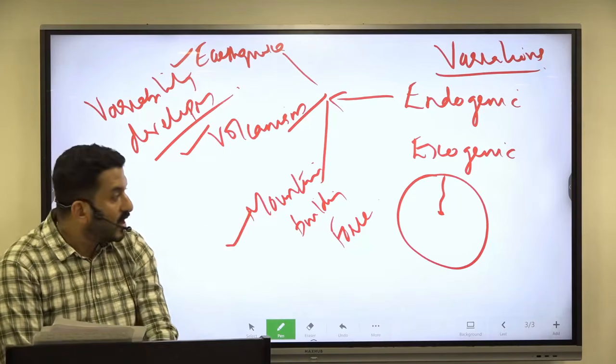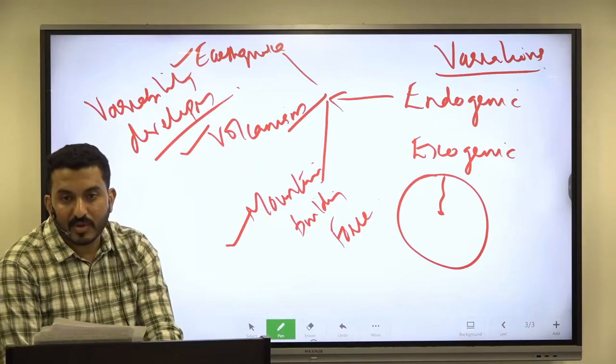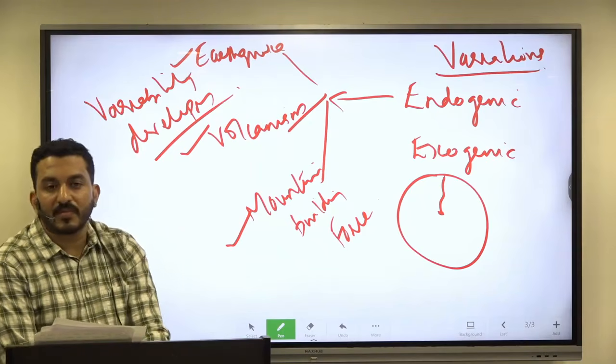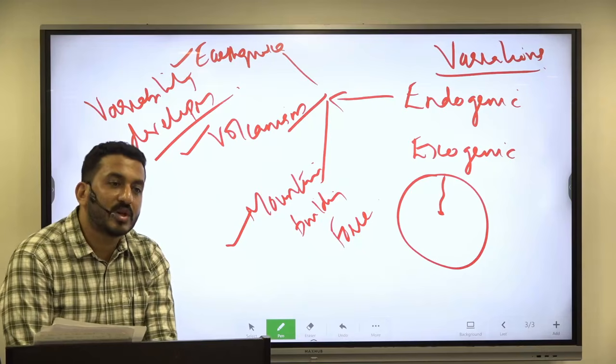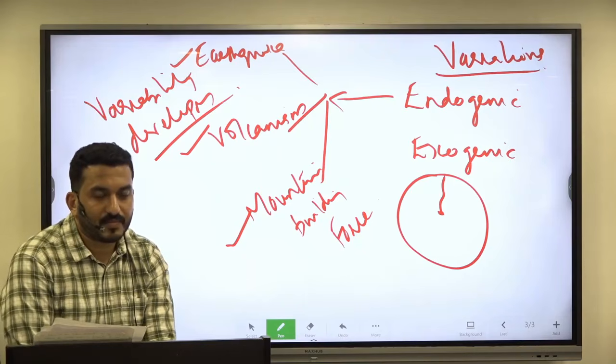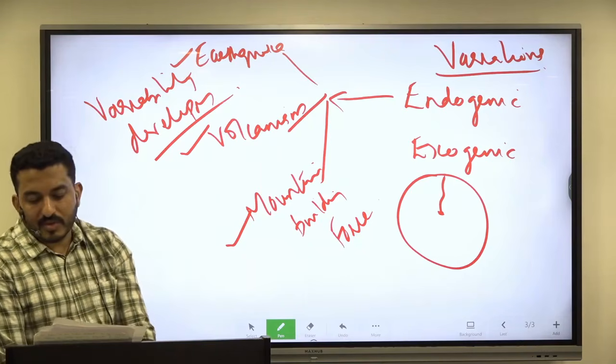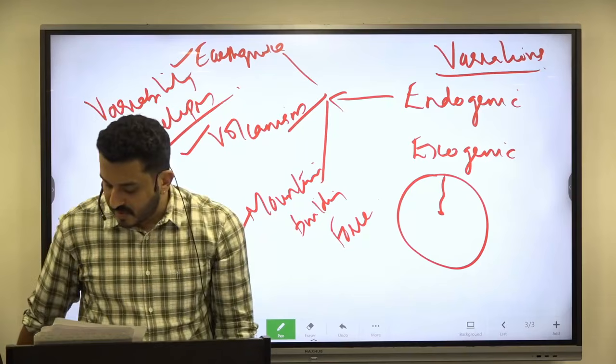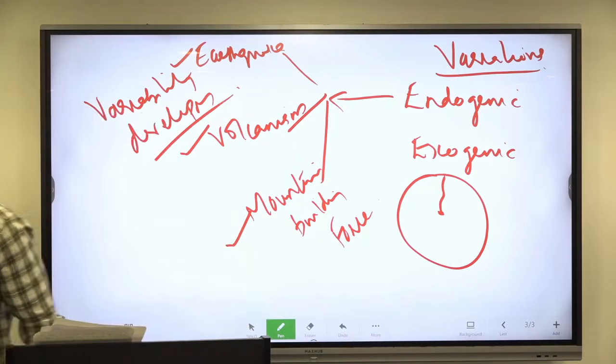Now second is exogenic force. Exogenic force means forces which originate on the surface.